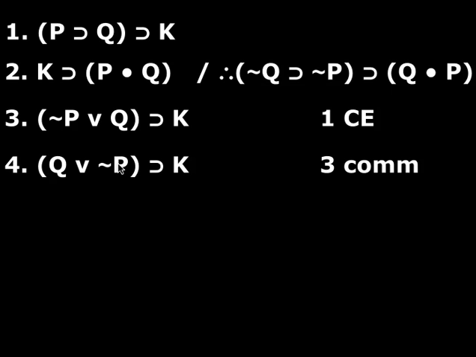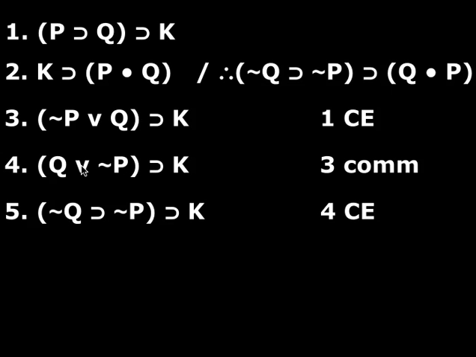Now when I do conditional exchange to turn it back into a conditional, wedge becomes horseshoe, that goes down, negate the first component. So what I've done is in 3 steps, I've turned this into that, if not Q then not P. Now I'm going to do the hypothetical syllogism.